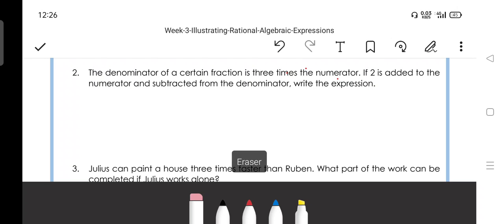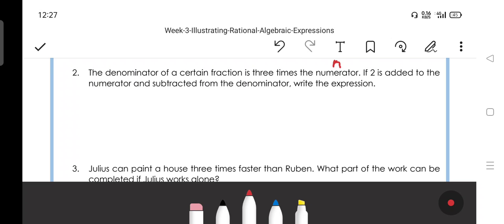You can use n as numerator. You can use x. Okay, it doesn't matter. But usually, since we are talking about numerator, we can use n to represent numerator, or x. That depends on you. So let's say we have n here for numerator.